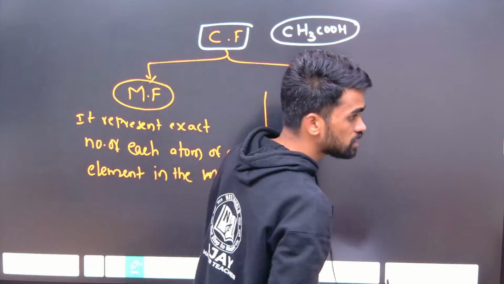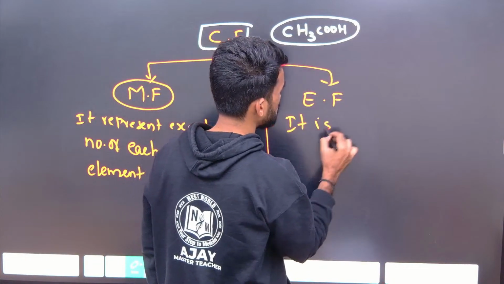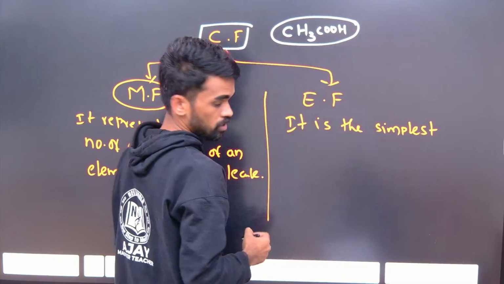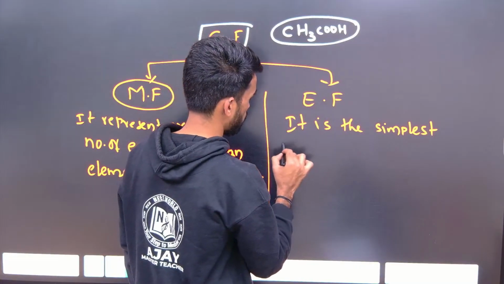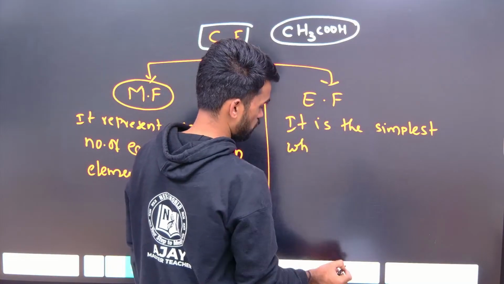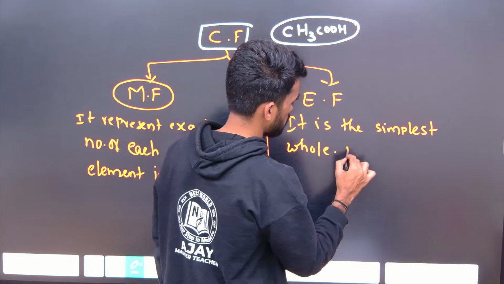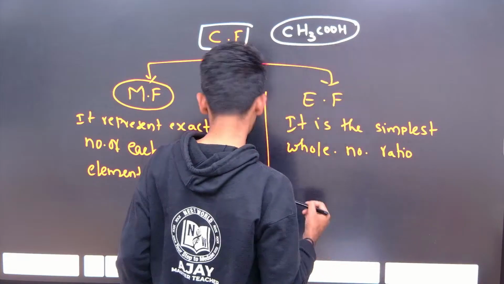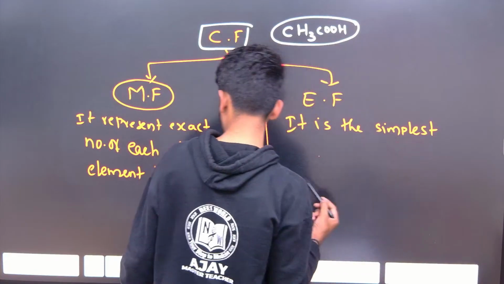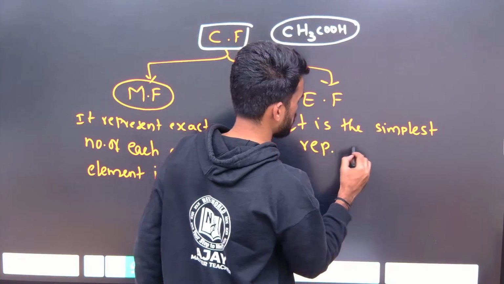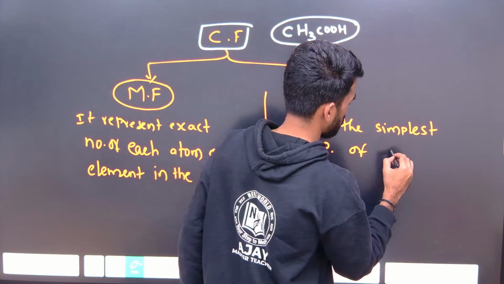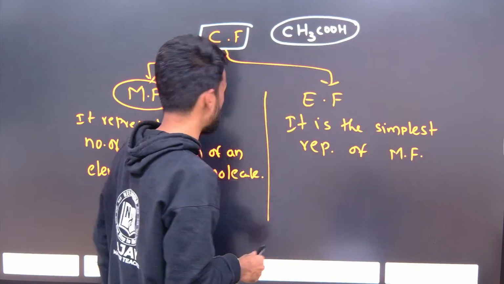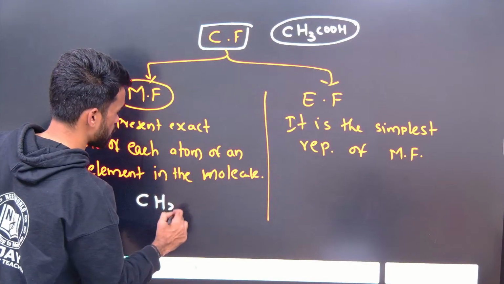It is the simplest whole number ratio, the simplest representation of this molecular formula. In simple terms, acetic acid is a chemical formula of this compound. So what is the simplest way of representing it?